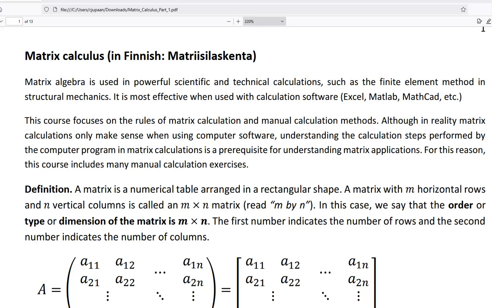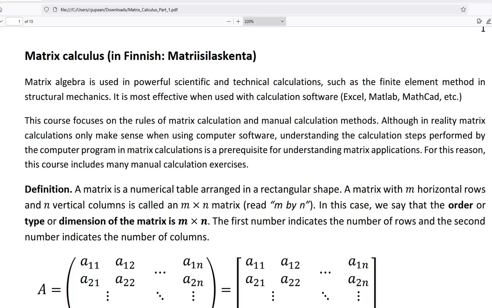In this course we will go through some basic calculation rules of matrix algebra, but as you can see from the PDF file, of course matrix algebra is not an efficient way if you have to solve problems with matrices using only pen and paper. Then that is not very effective. But if you have some calculation software, for example Excel or MATLAB or Mathcad and some others also, then these matrix calculations will be helpful.